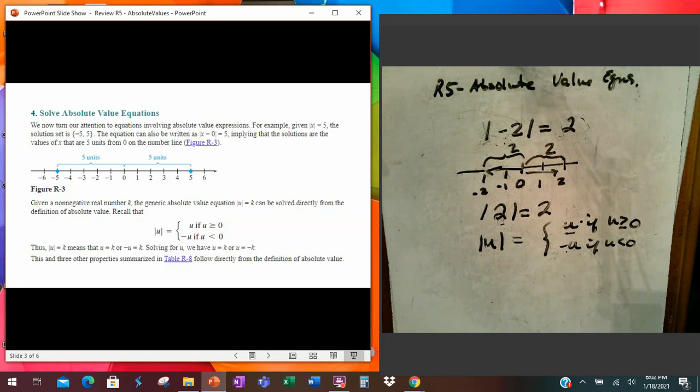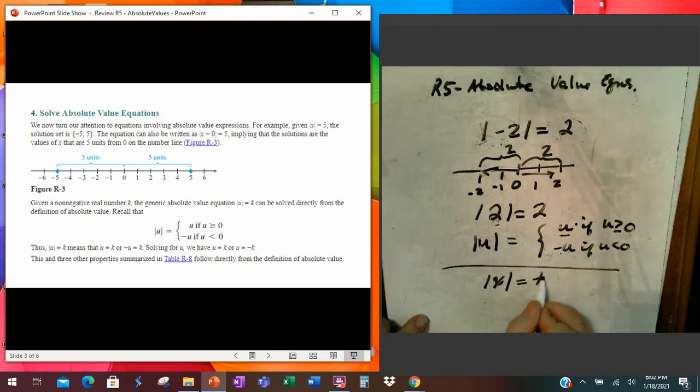Here's where we work backwards when solving equations. Say I've got the absolute value of x equal to some number k, and k is always positive. If I have the absolute value of x equal to -2, I have no solution.